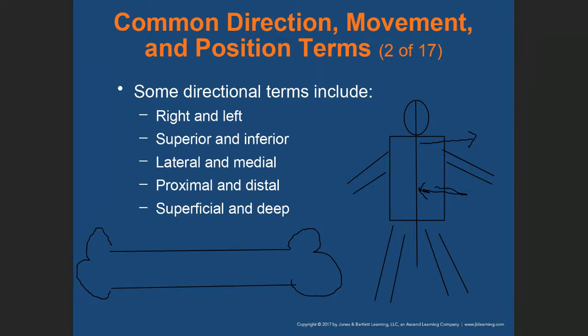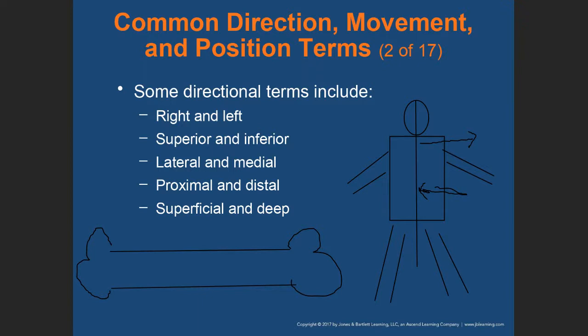Every long bone in the body has a distal end and a proximal end. So every long bone in the body has a distal end, a proximal end, and a shaft. The shaft of the long bone is the mid portion.